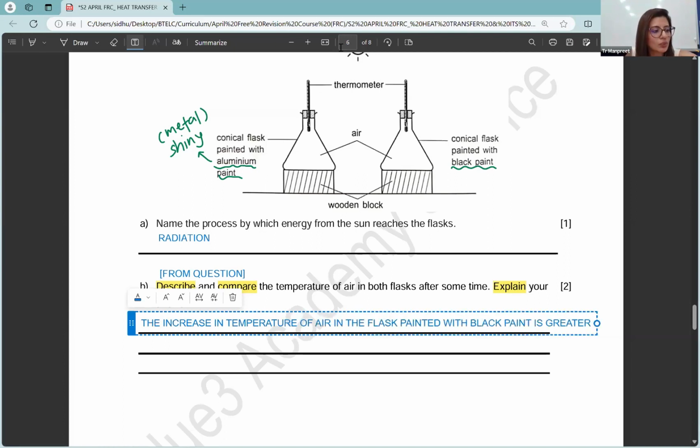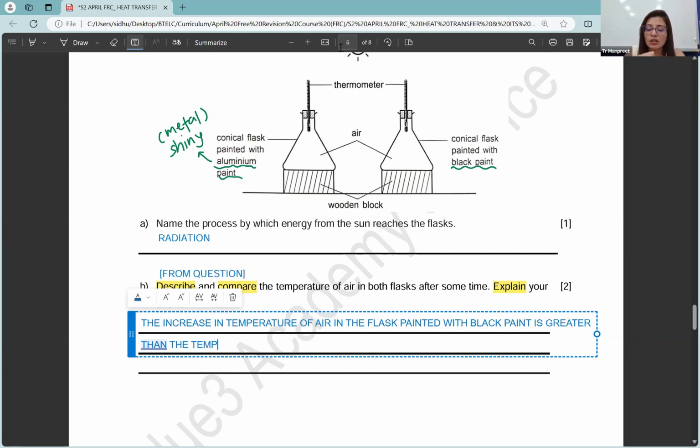The temperature will be much greater. Then we have to do a comparison, right? So you have to link it back to the temperature of air in the aluminium paint. You cannot just stop here and say it is greater, full stop, because the question says compare. So I must link it back to the other.